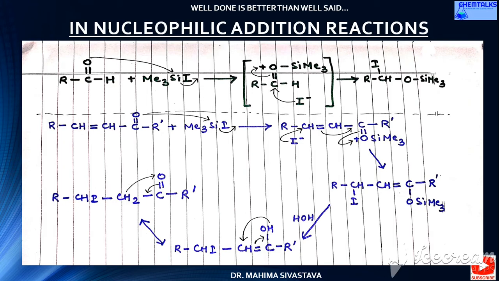So that is the nucleophilic addition reaction of aldehydes and ketones. In one case we get alpha-iodo adduct, and in the second case we get beta-iodo adduct.